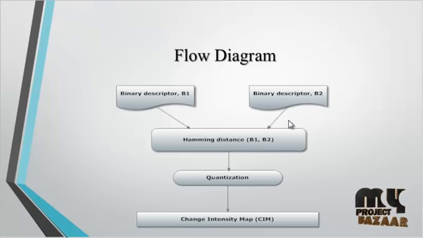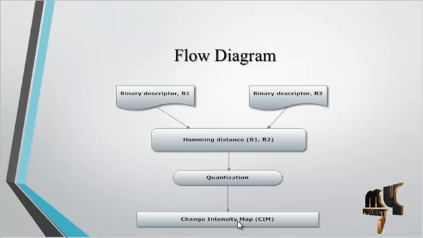After the binary descriptors are obtained from the input images, the Hamming distance is calculated between B1 and B2. B1 is binary descriptor 1 and B2 is binary descriptor 2. The distance between these two images is known as the Hamming distance. After applying the Hamming distance, quantization is applied to the Hamming distance image. Then the quantized image undergoes the CIM process.